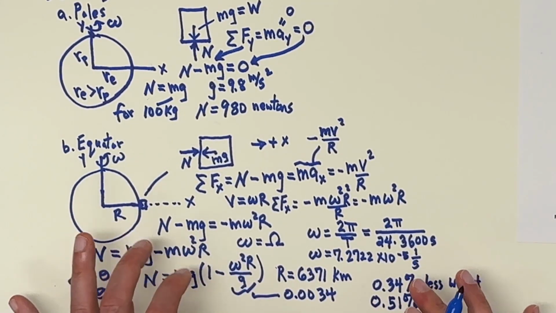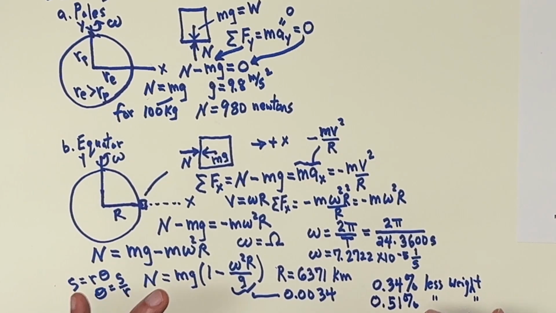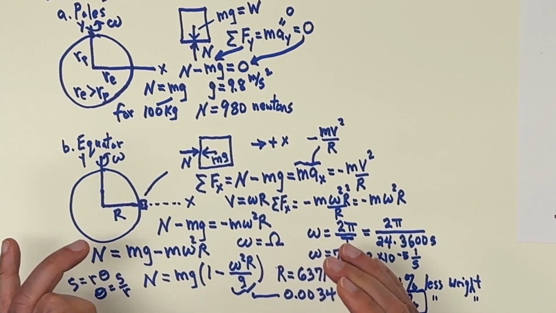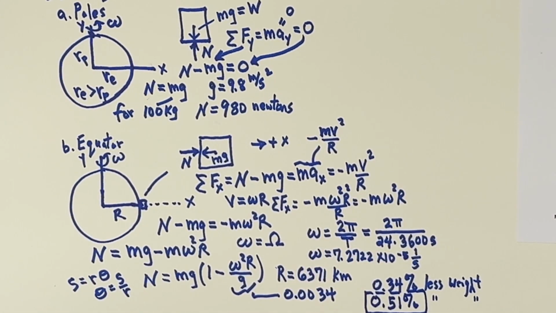You're actually using the value at the equator. So this is the correct answer. So it's about 0.5% less at the equator due to the bulging effect. And the Earth's not a perfect sphere.